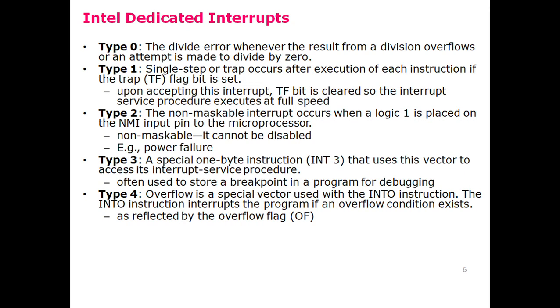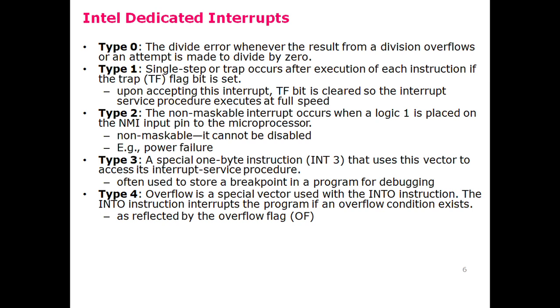In Intel, the first 5 interrupt vectors or interrupt types are common in most of the Intel microprocessor family. The first vector, which is type 0 or vector 0, is the divide error interrupt, and this interrupt happens whenever the result from a division overflows or an attempt is made to divide by 0.